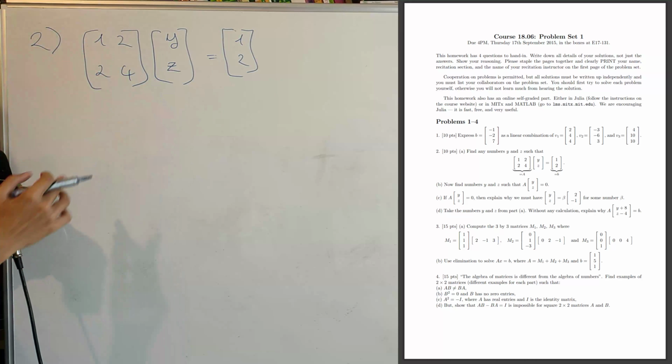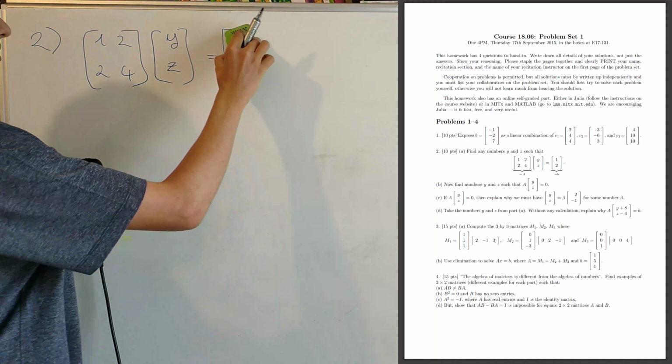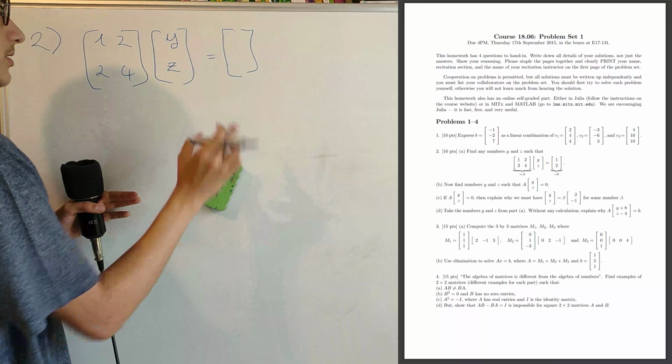So I don't know how you can turn a matrix into a scalar, but the point is we're going to assume that this is the 0 vector, so 0, 0.